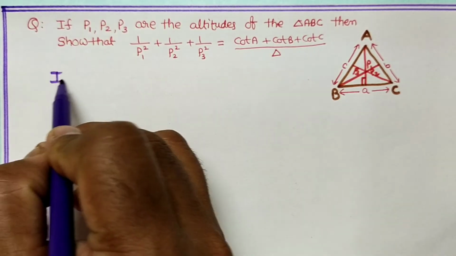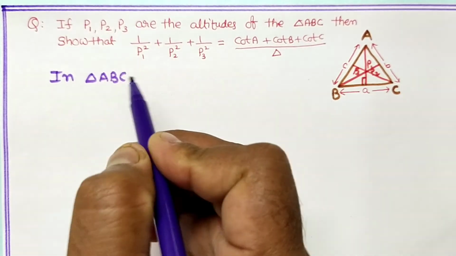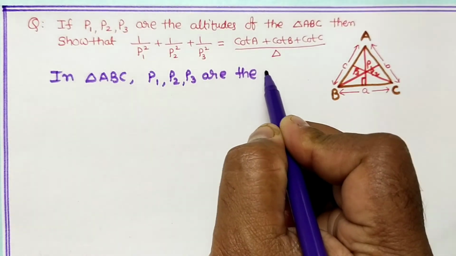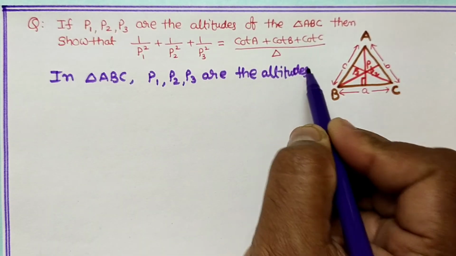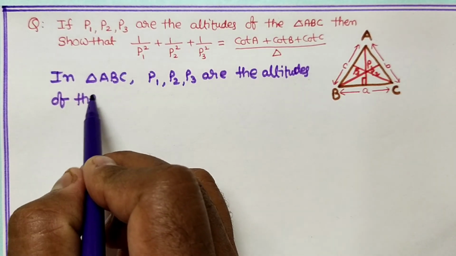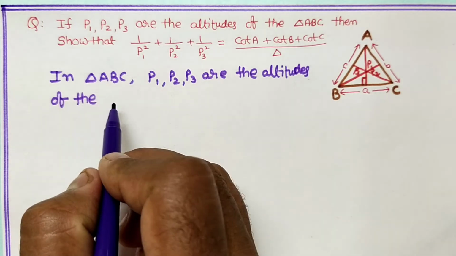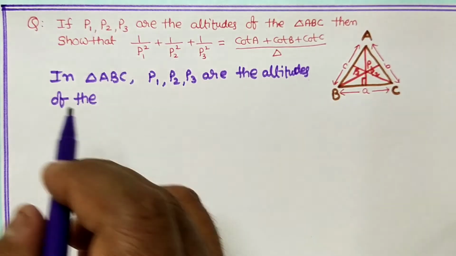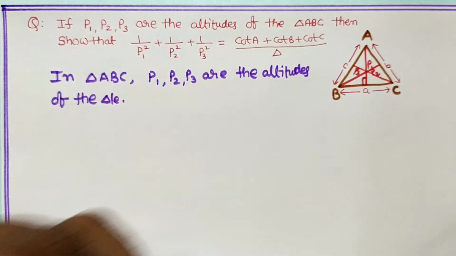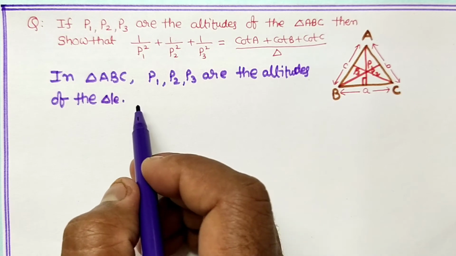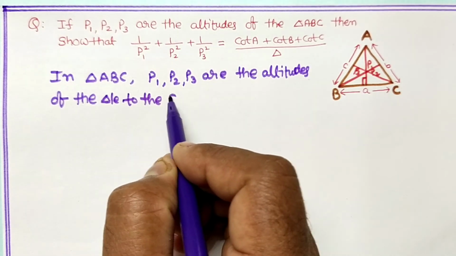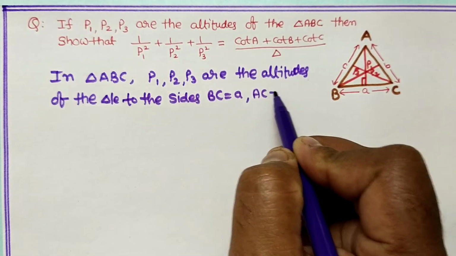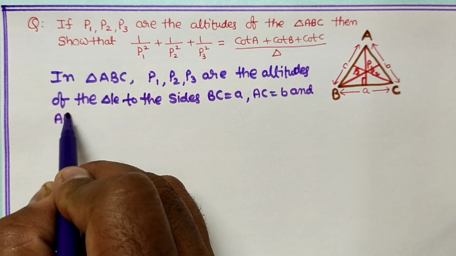In triangle ABC, P1, P2, P3 are the altitudes to the sides respectively, with BC equal to small a, AC equal to small b, and AB equal to small c.